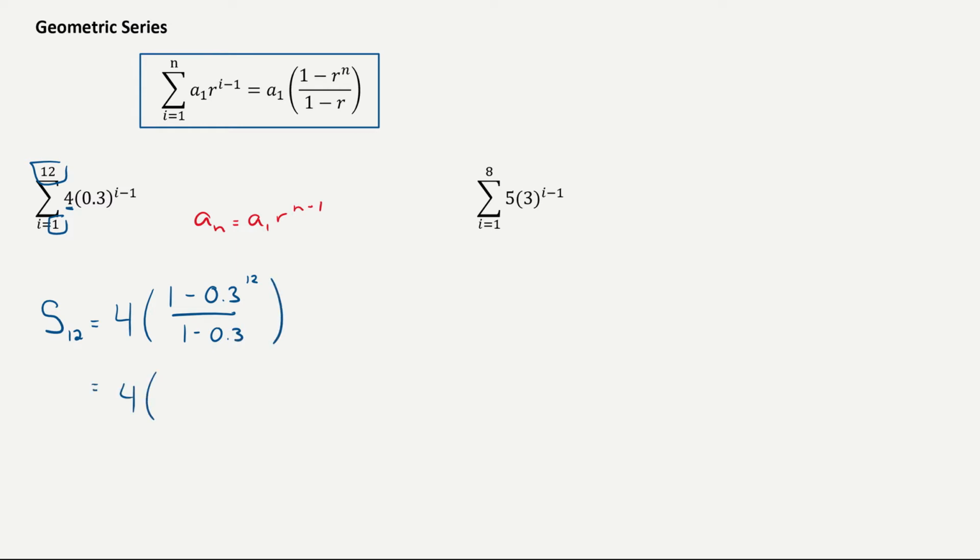Then we have 4 times, well, we're going to find 0.3 to the 12th power, which is going to be a really small decimal, and we go 1 minus that number, and again it gives you something really small.